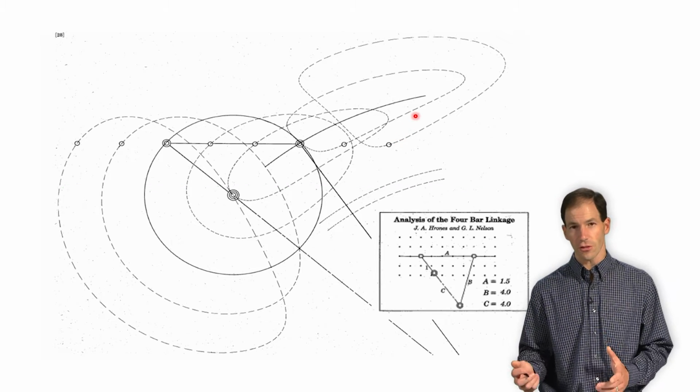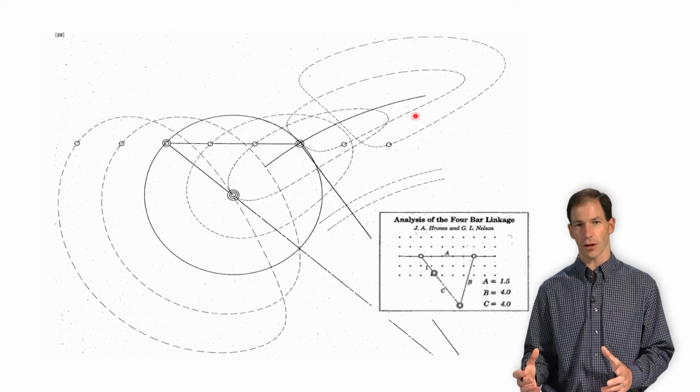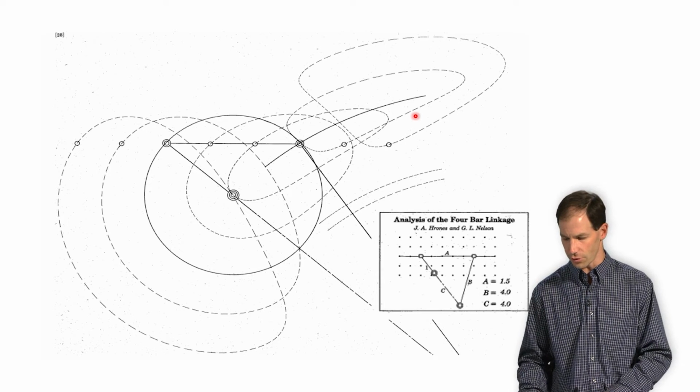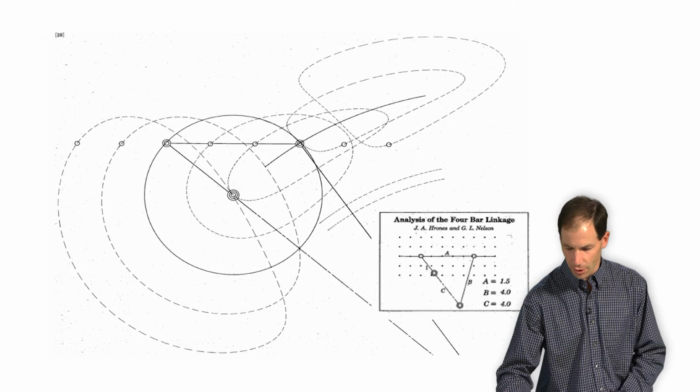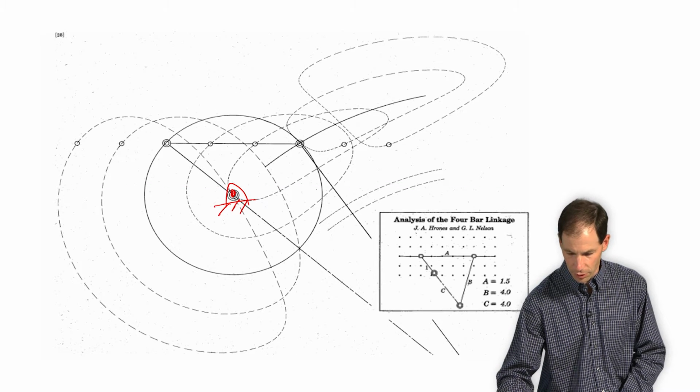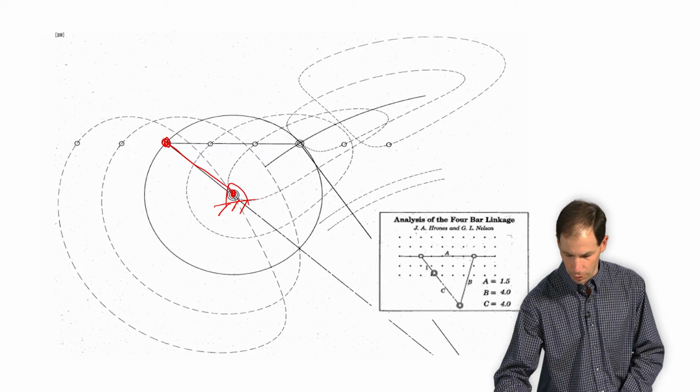So first of all, let's just talk about how to actually take a mechanism out of the Rones and Nelson Atlas and do something with it. So what I need to do is basically recognize this is the first ground pivot of my mechanism, right here. Here is the moving pivot, so this is my input link.